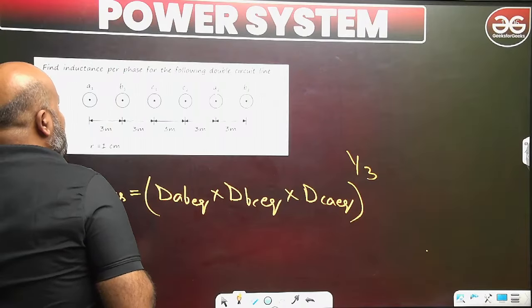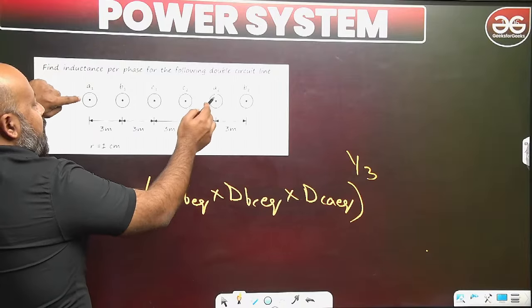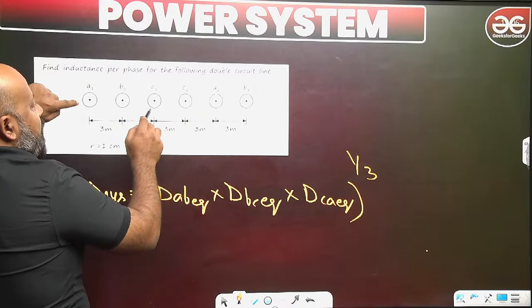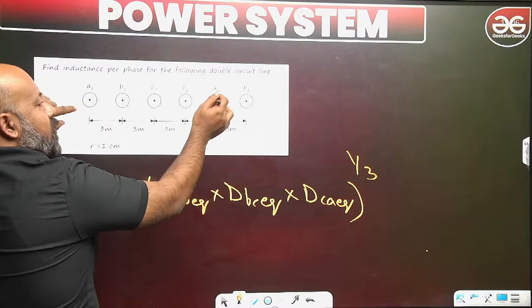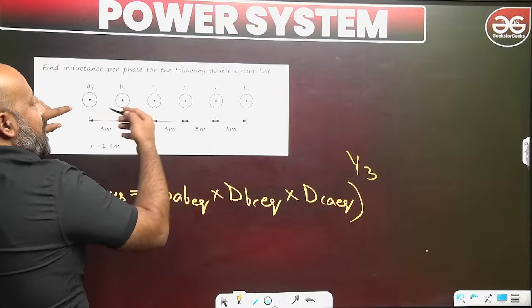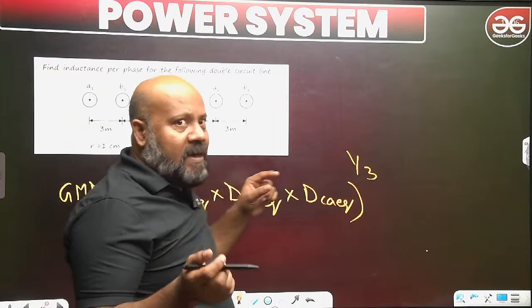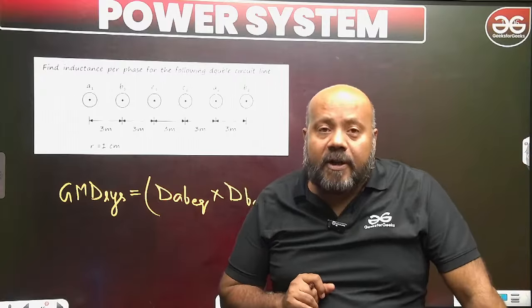Just see this. If you stand at A1 and see towards A2, what is the distance? 3, 3, 6, 3, 9, 12. If you stand at A2 and see the distance with respect to A1, again it is 12. It means as far as A1, A2 are concerned, they are symmetrical with respect to each other.